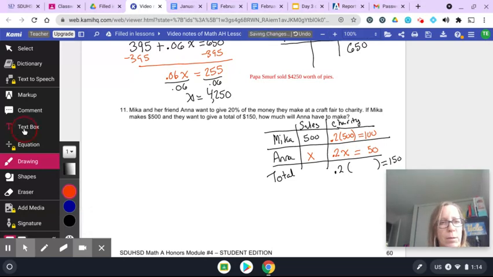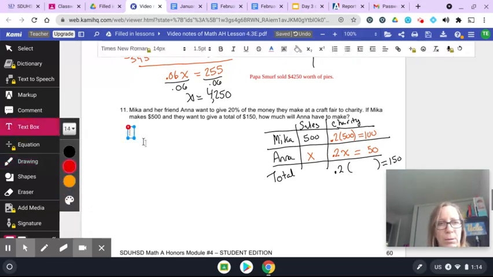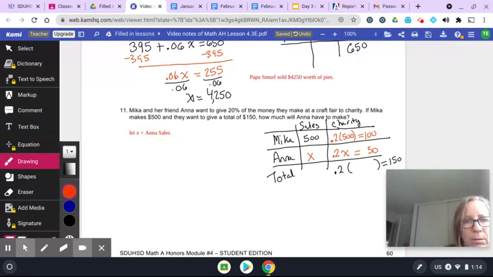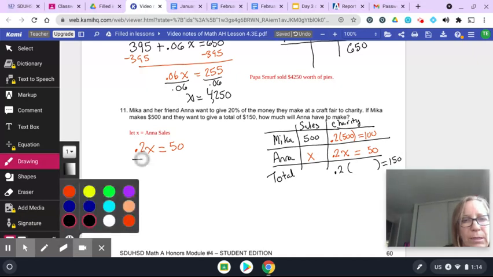All right, so now I can go over and show my magic. Let X equal Anna sales. Okay, my equation, 20% of what Anna sells has to be equal to $50. So then I'm going to divide by 0.2.